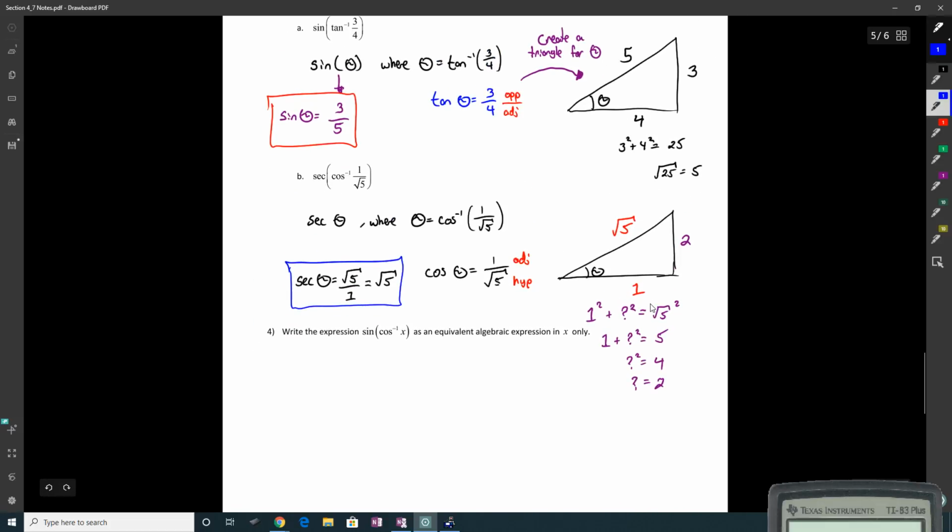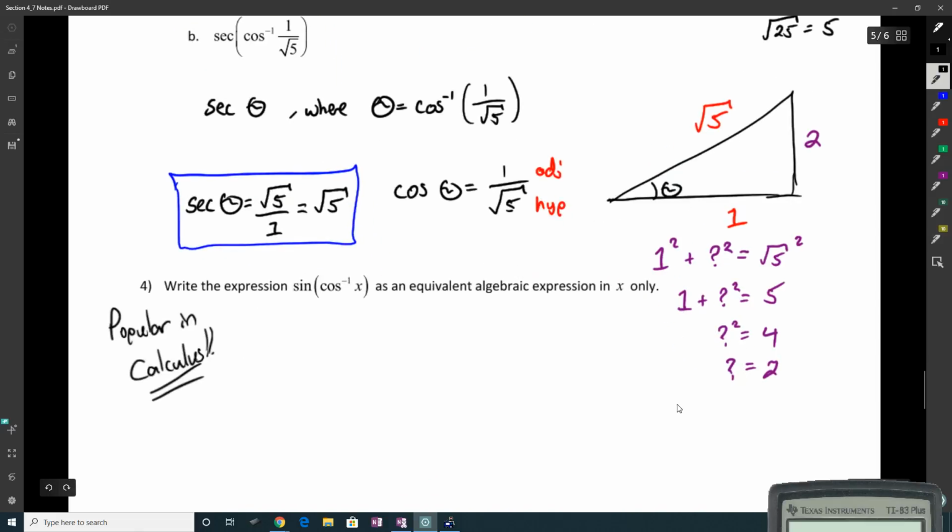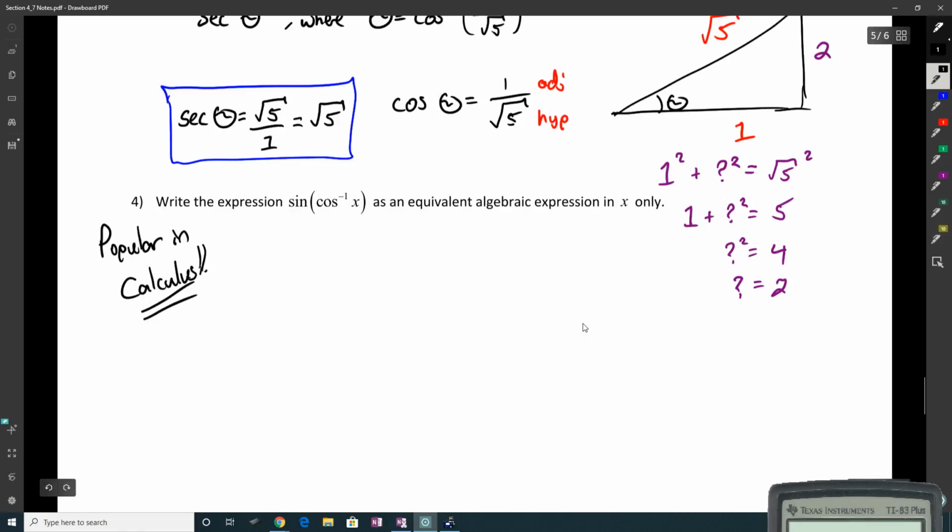So write the expression sine inverse cosine of x as an algebraic expression in terms of x only. So this is really popular in calculus. And what they're going to do is exactly the same thing that we just did.